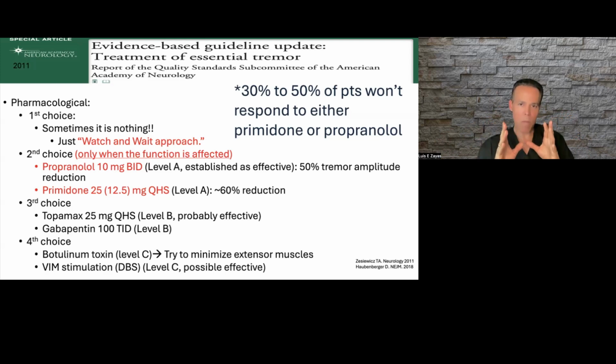Some tremors are complex, and those patients have a combination of Parkinson's disease and essential tremor. It's very difficult to treat with Botox. Now, the best treatment, in my opinion, in those severe patients with severe amplitude of the tremor, is deep brain stimulation.